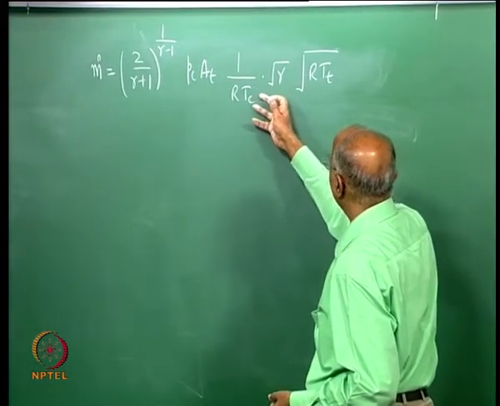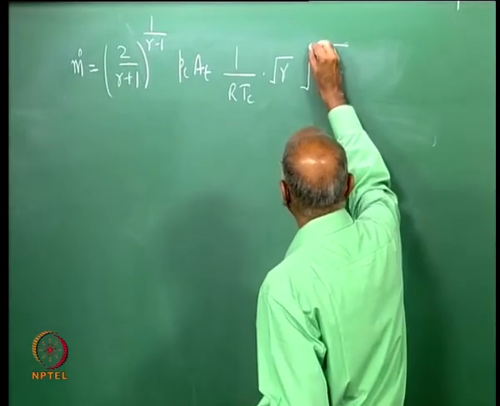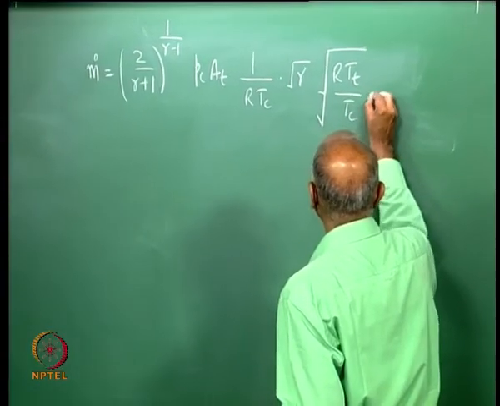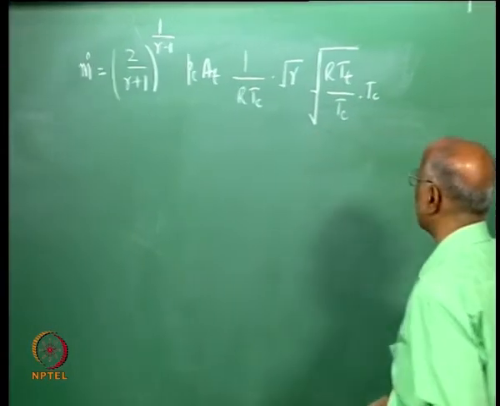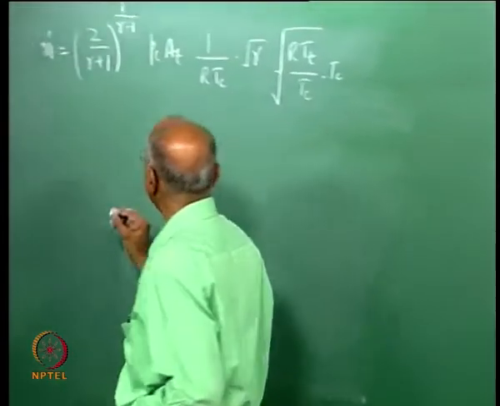Supposing I were to multiply by Tc and Tc here, the expression is still the same. And now if I were to use this, what do I get?